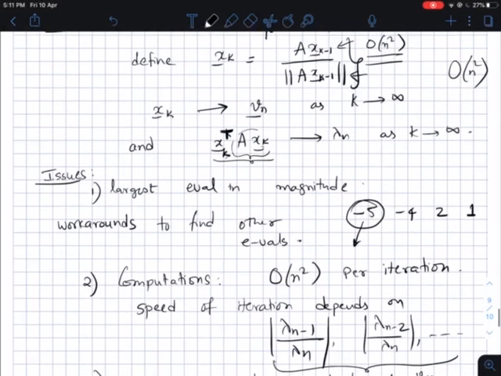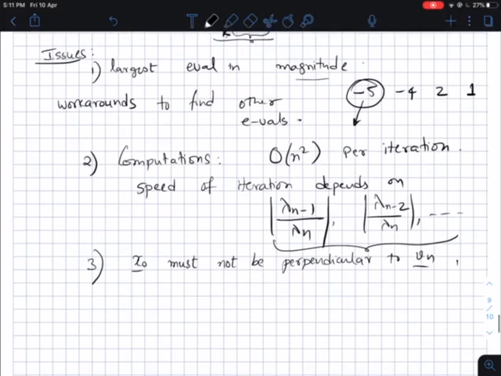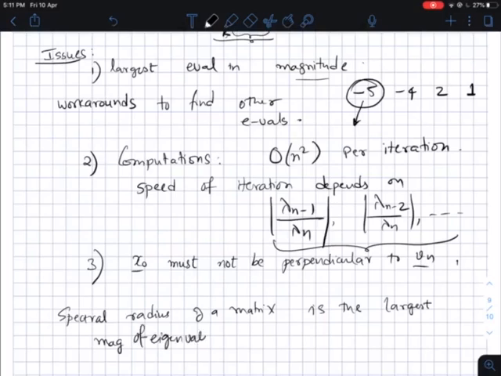So the important thing to reiterate is that it finds the largest eigenvalue in magnitude. By the way, that is called the spectral radius of a matrix. The spectral radius of a matrix is the largest magnitude of its eigenvalues. Take all the eigenvalues and pick the one of the largest magnitude.